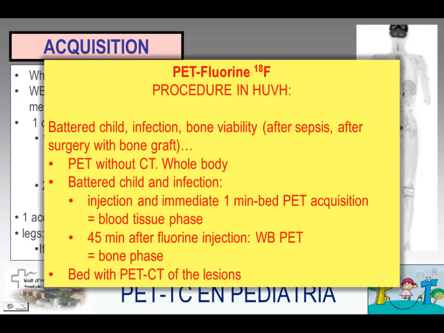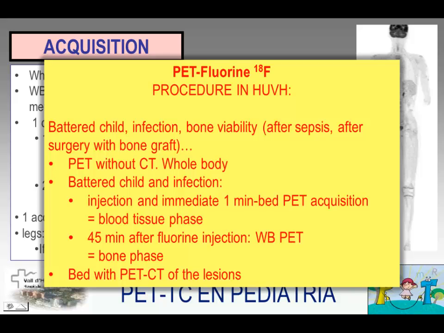And in case of a PET with fluorine, this procedure is performed in my hospital in a suspicion of child abuse, infection, bone viability, as we can explain later, after sepsis, surgery, or bone graft. Then we perform the PET without CT, but with a full body PET. And in battered child and infection, we perform 2 PETs. One is like a blood pool image.